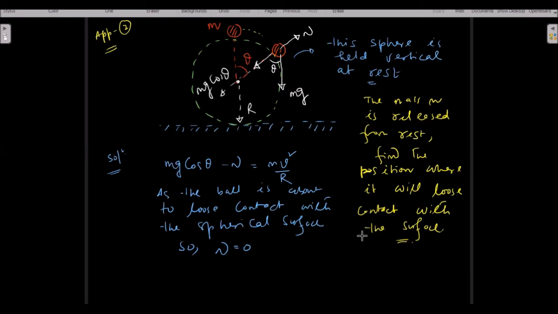We know that whenever it is losing contact, there will be no normal reaction acting. So what is the equation we are going to have? We are going to have mg cos theta is equal to mv square by r. From there, v square equal to how much we got? gr cos theta.